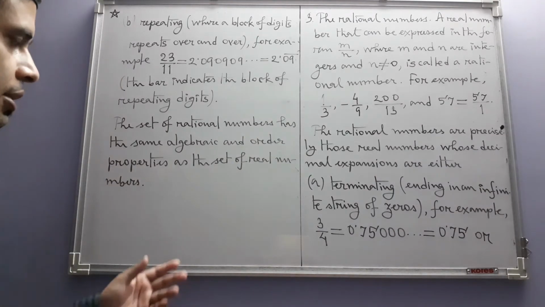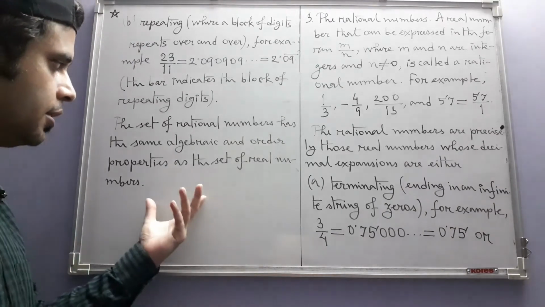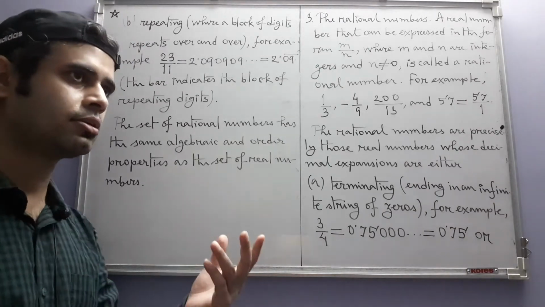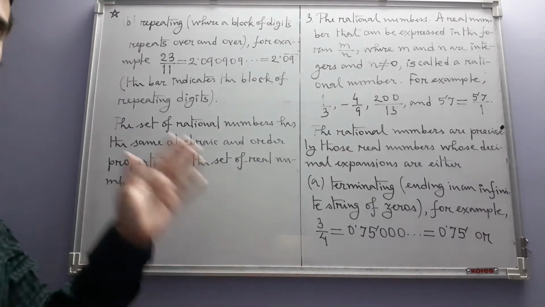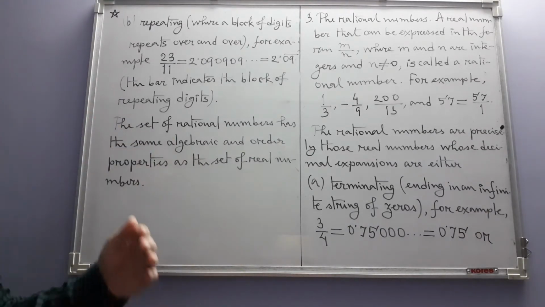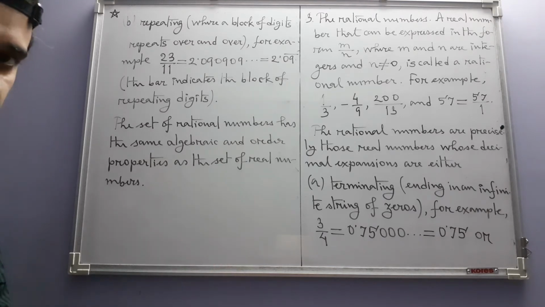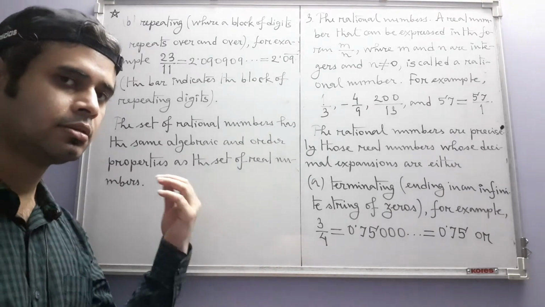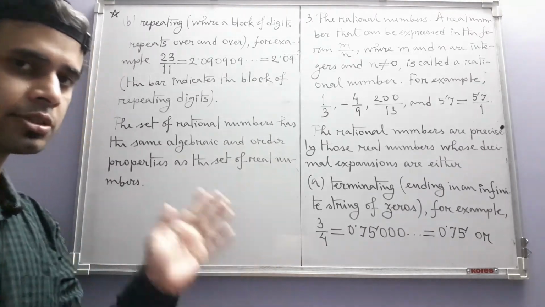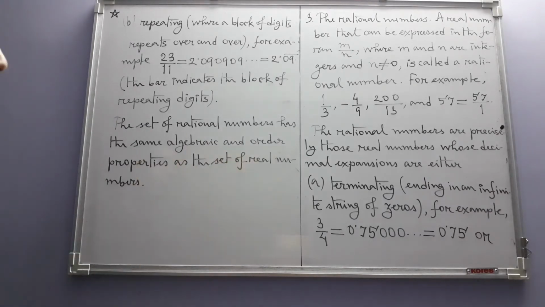That means if instead of considering the real numbers in general, you restrict your attention to the rational numbers only, then they also have the same algebraic properties. You can add, subtract, multiply and divide two rational numbers to get more rational numbers, which obey the same rules of algebra as the real numbers do.